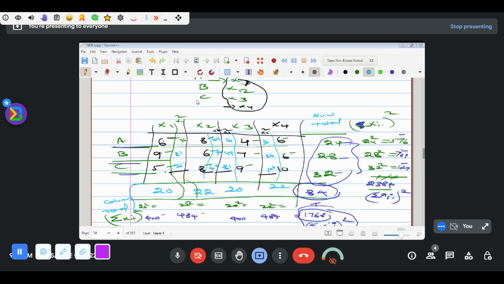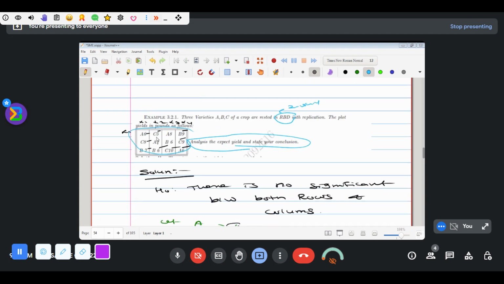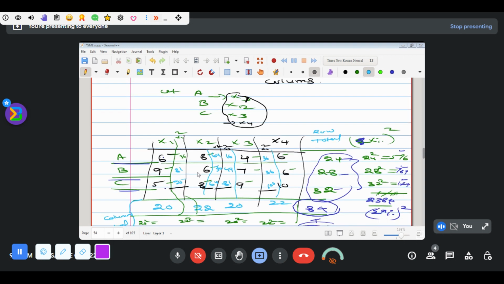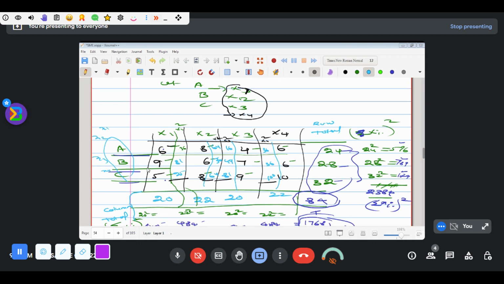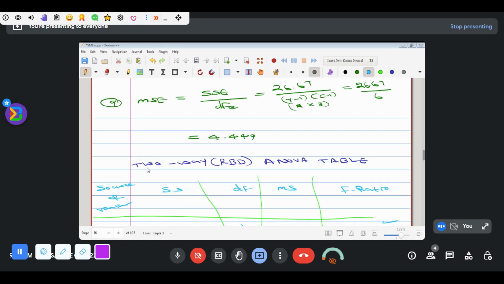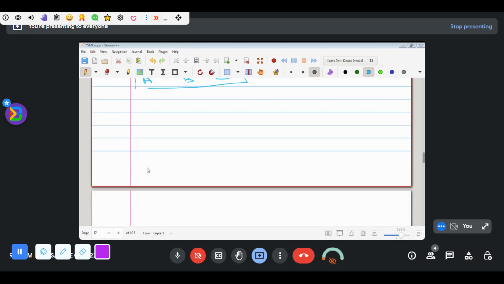But here, what is a row and what is a column is there. We want to find the table the same way. Not using ABC here, but using the table values x1, x2, x3, we put them in here. Then another calculation, the treatment calculation, is found separately.